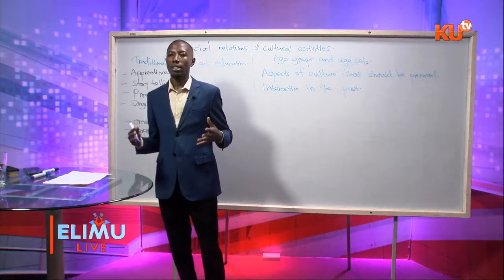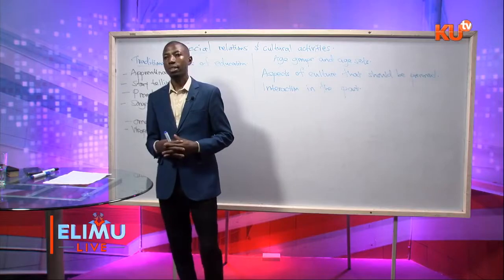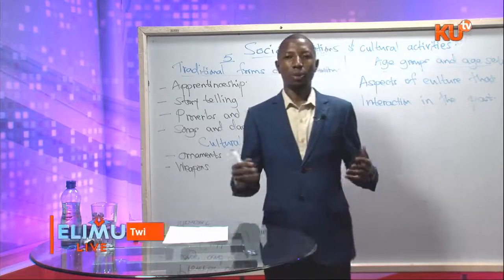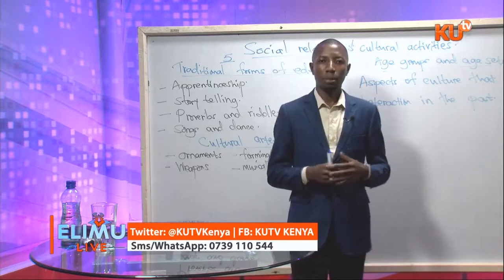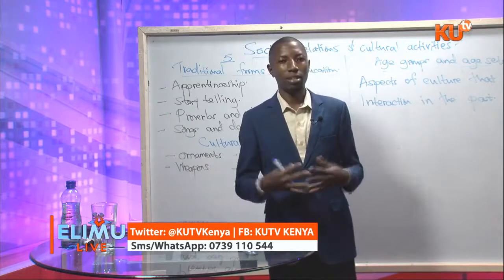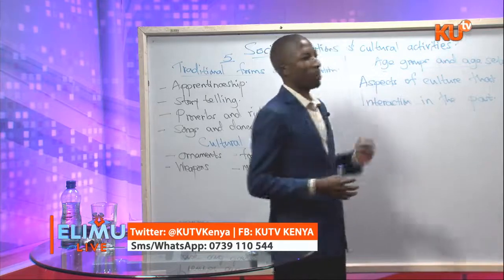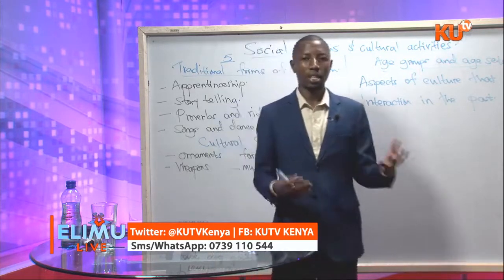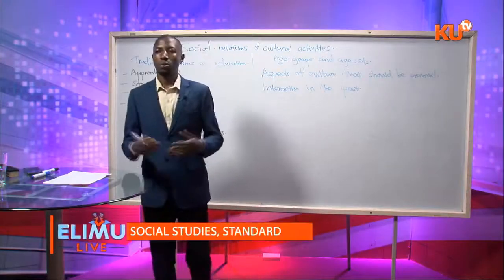One of the ways in which people interact nowadays is through social media. People meet through WhatsApp, people meet through Facebook, and other social media handles. You know them better than I do. People also meet through national media, like this one here. I am interacting with you. You are at home, I'm in the studio, but we are interacting.